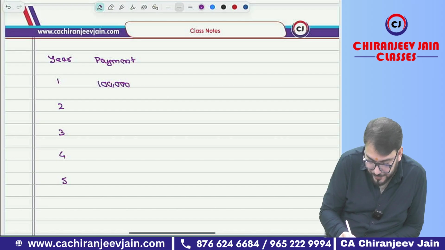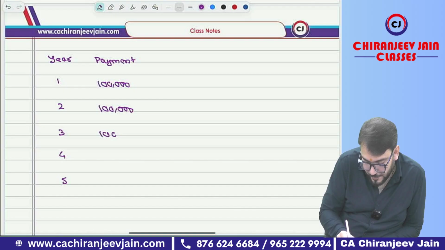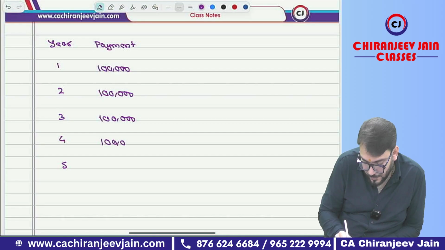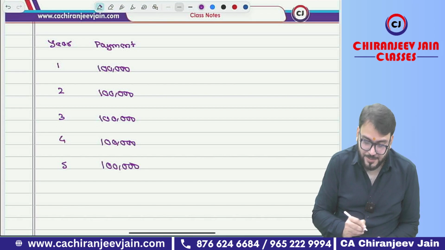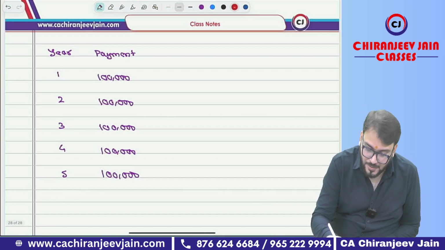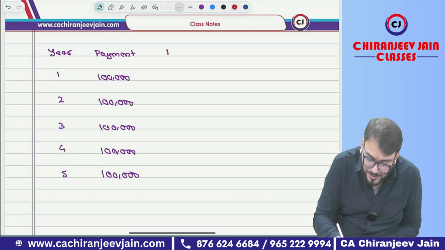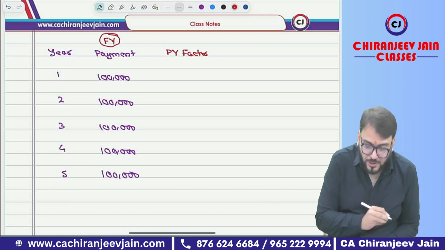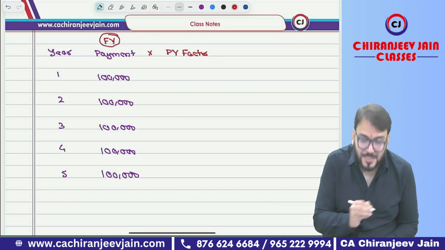That is 1 lakh, 1 lakh, 1 lakh, 1 lakh, 1 lakh. Correct. And can you say if you multiply with the present value factor? Correct. This is the future value, future payment. Multiply by the present value factor.